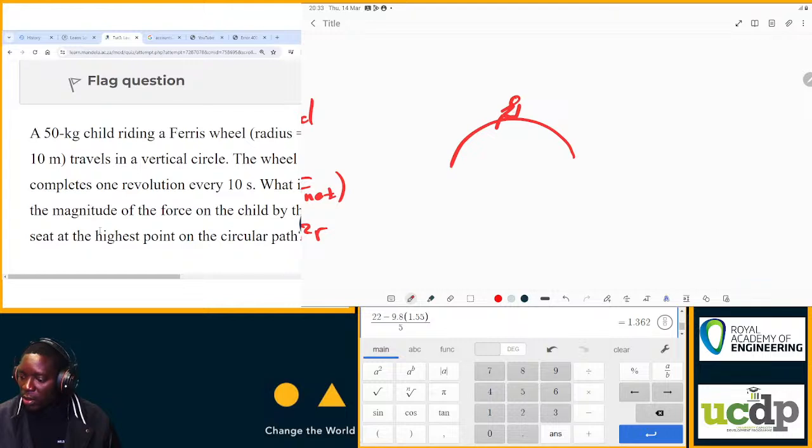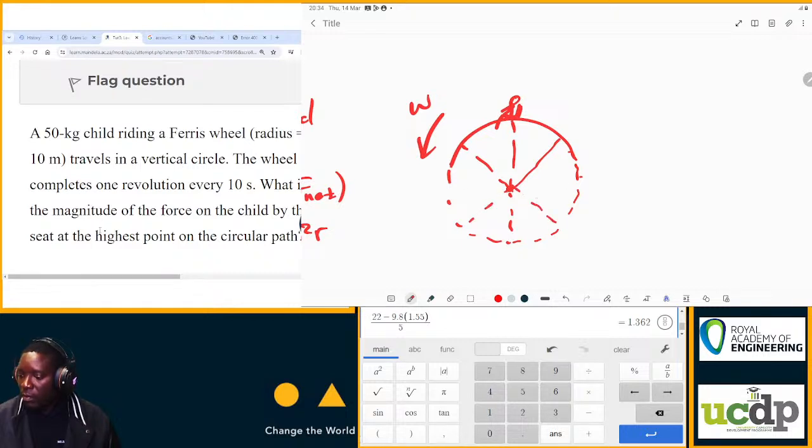So the child is sitting there, and the wheel is rotating like that. The center is there. Okay, so that's the big wheel. And what we have here is the weight of the child downward.